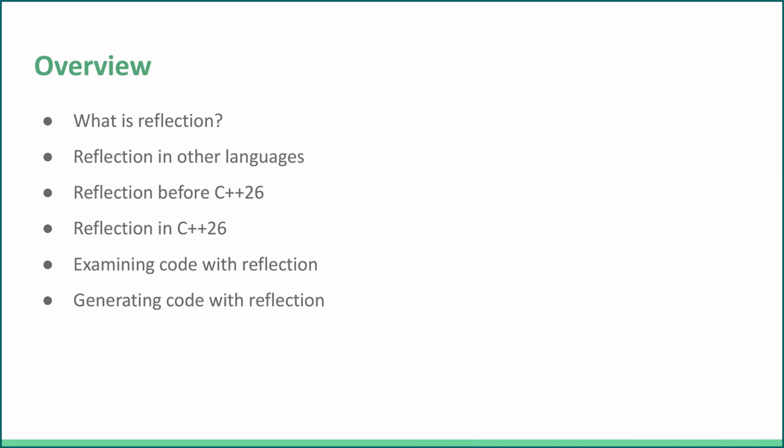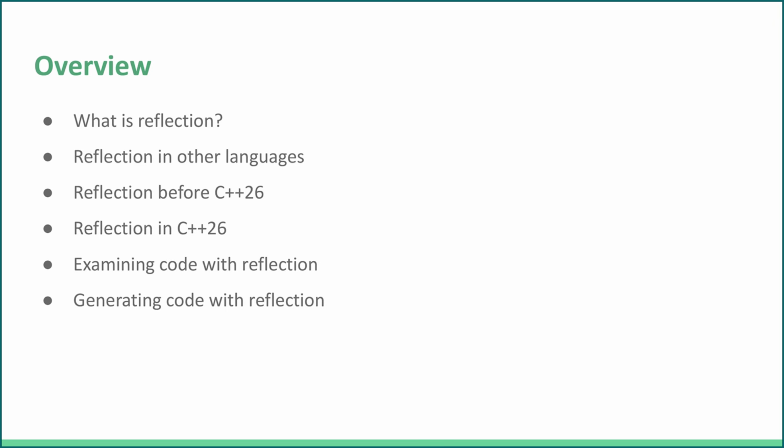Now, a bit of an overview of the talk, what I'm going to be talking about today. Firstly, I'll start off with what reflection is. Then, before jumping into C++, we'll see how reflection has been implemented in some other languages. There are languages that have had reflection for over decades.